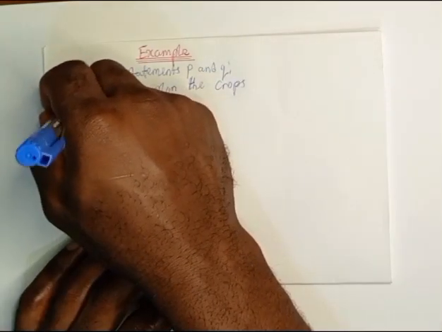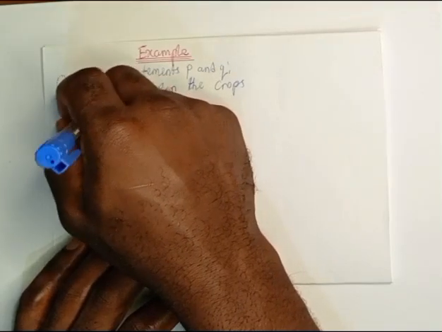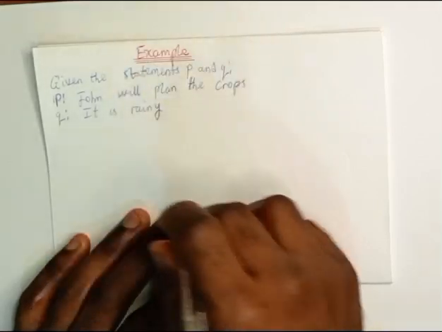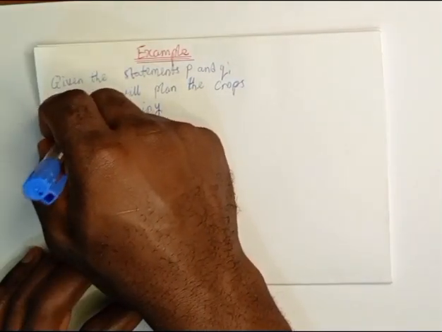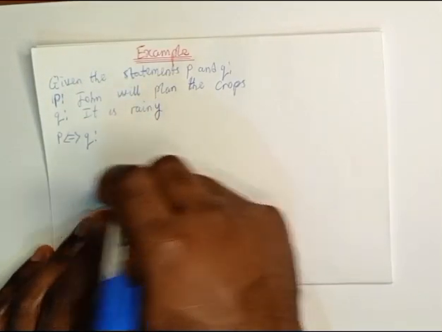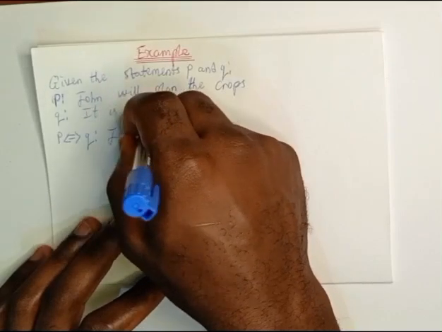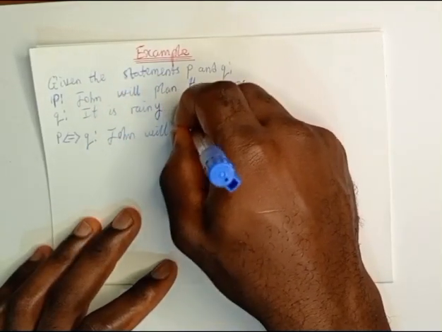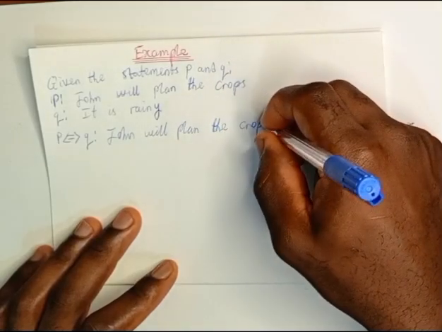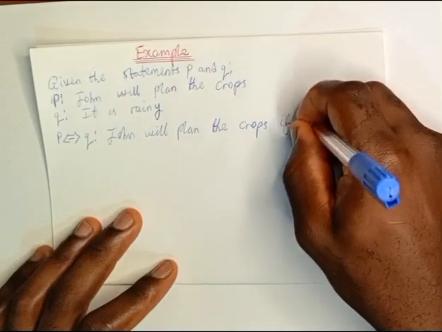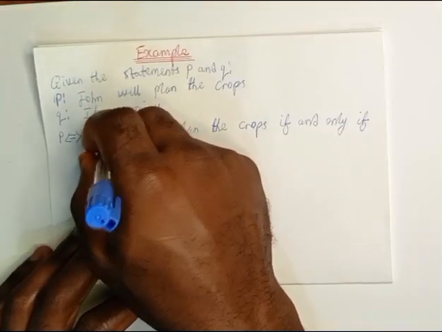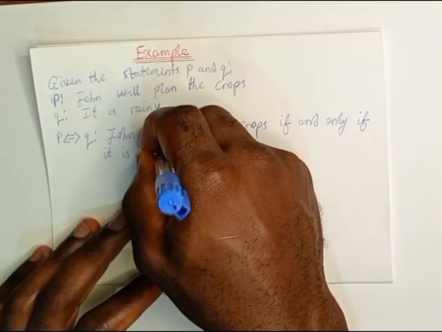We go to Q, which is it is raining. This is the statement Q. The biconditional statement P, if and only if Q, is John will plant the crops if and only if it is raining.